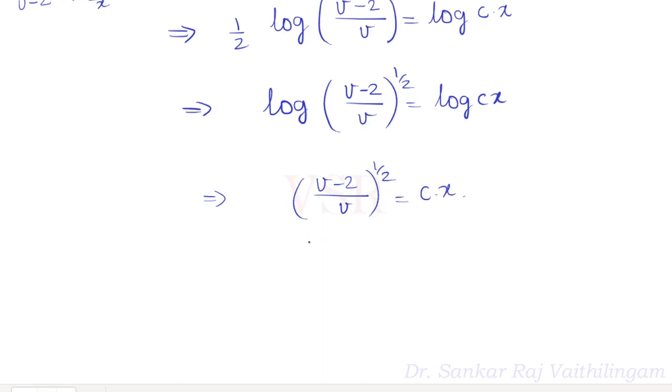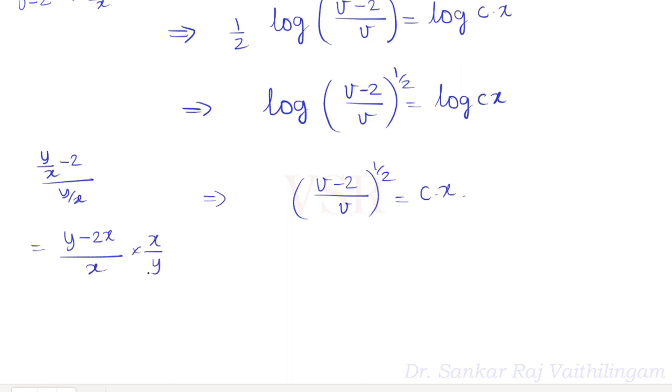சரி, இப்போ இதுல இருந்து vங்கிறது என்னது y by x. அப்போ y by x minus 2 divided by y by x. அப்போ நியூமரேட்டர்ல உள்ளது என்னது y minus 2x divided by x into x by y.